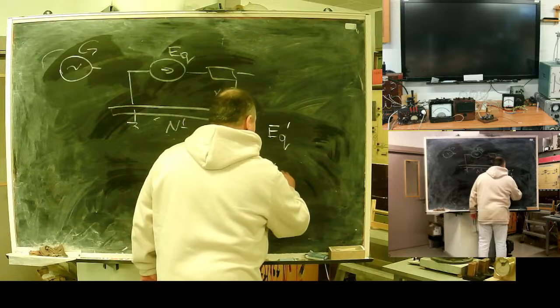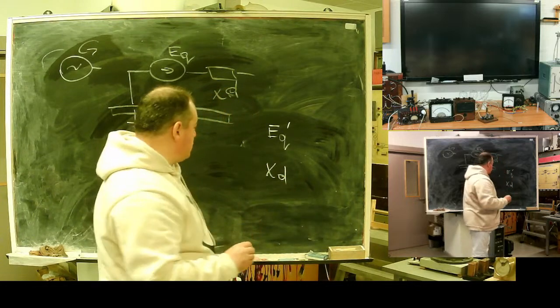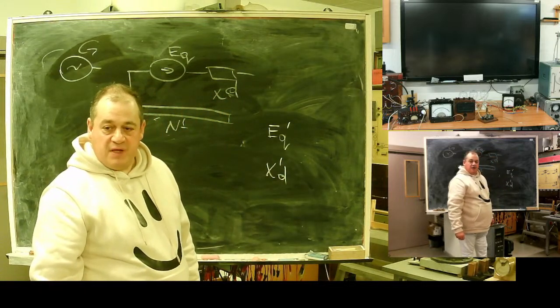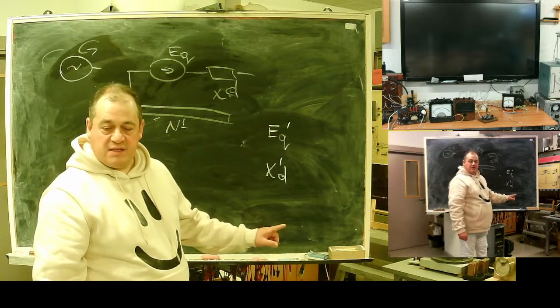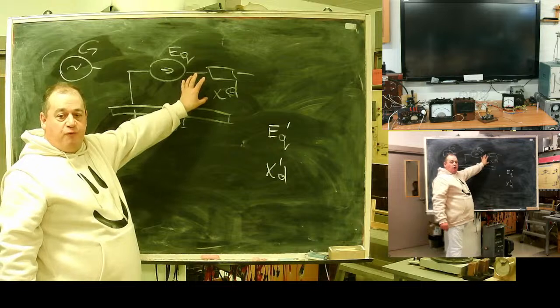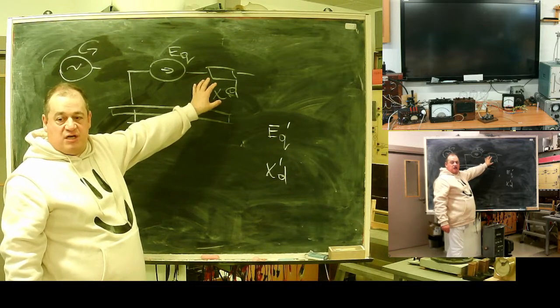Also, it comes from manufacturers: transient reactance. It's smaller than in the stable regime. This applies if the fault is far enough and the machine voltage changes a little.